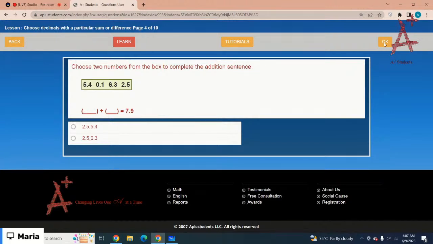The correct option is the first one, 2.5 and 5.4. When you add them together, they make 7.9. The correct option is option number 1.